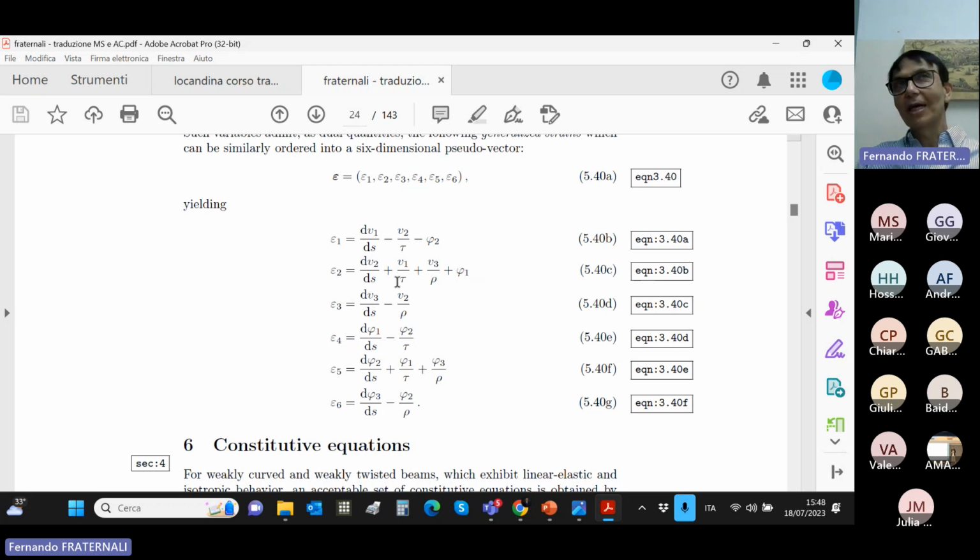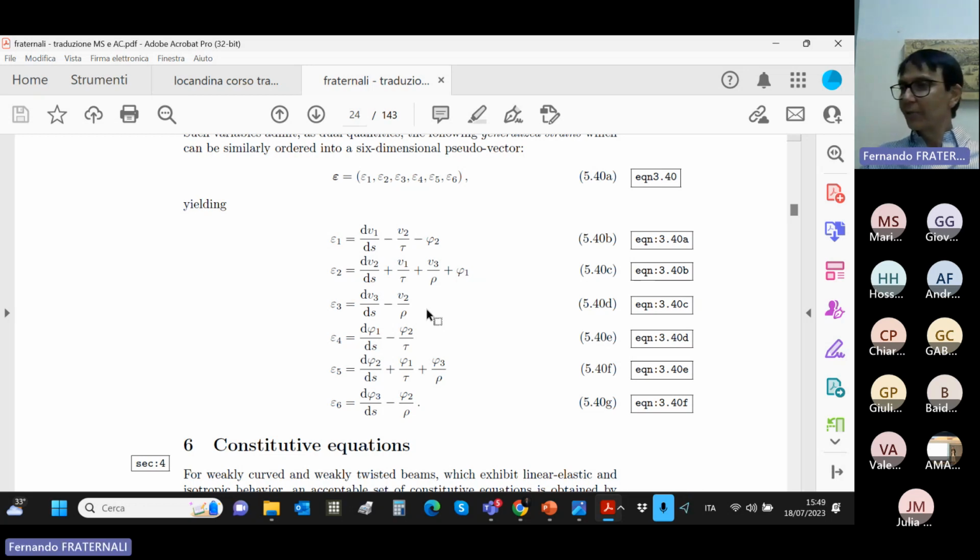But this coupling is scaled by 1 over rho. So if rho goes to infinity, this coupling disappears, while if rho doesn't go to infinity, this coupling is left.